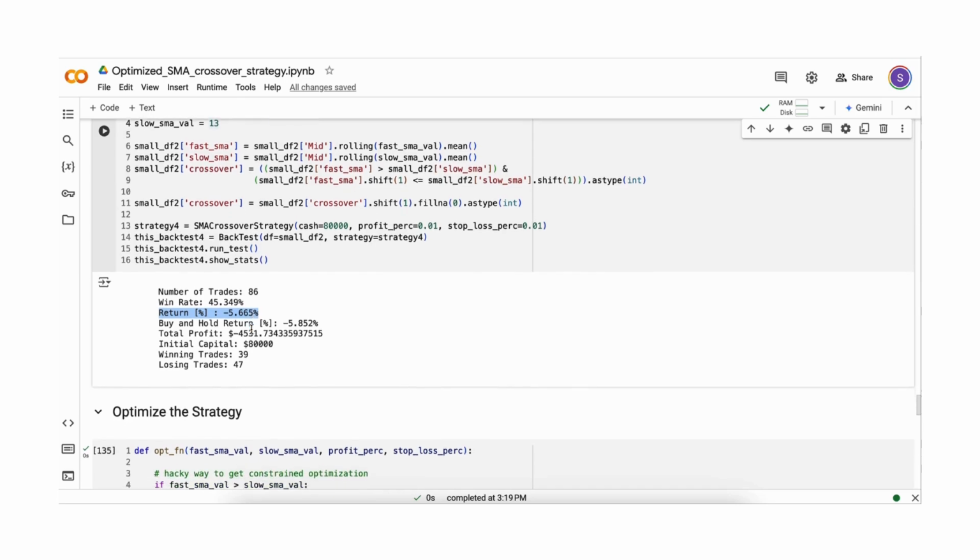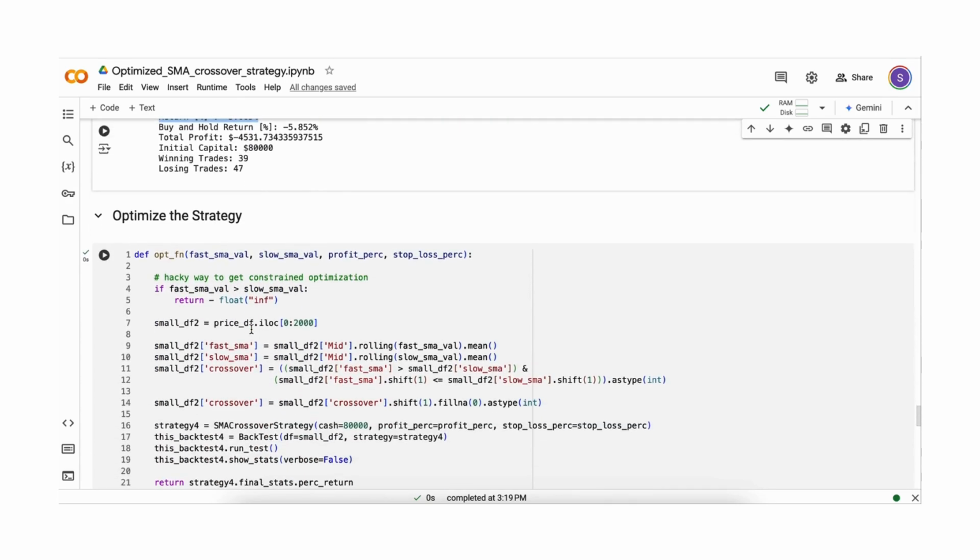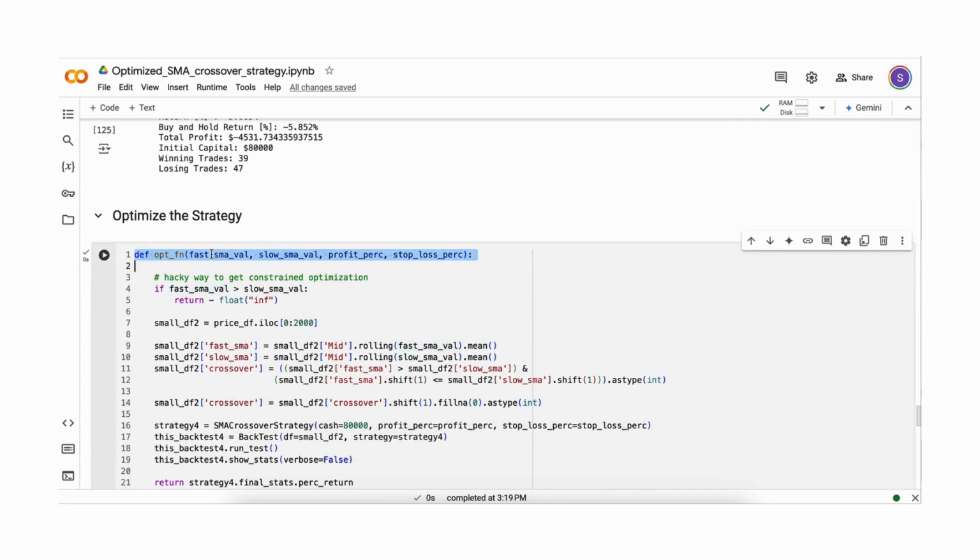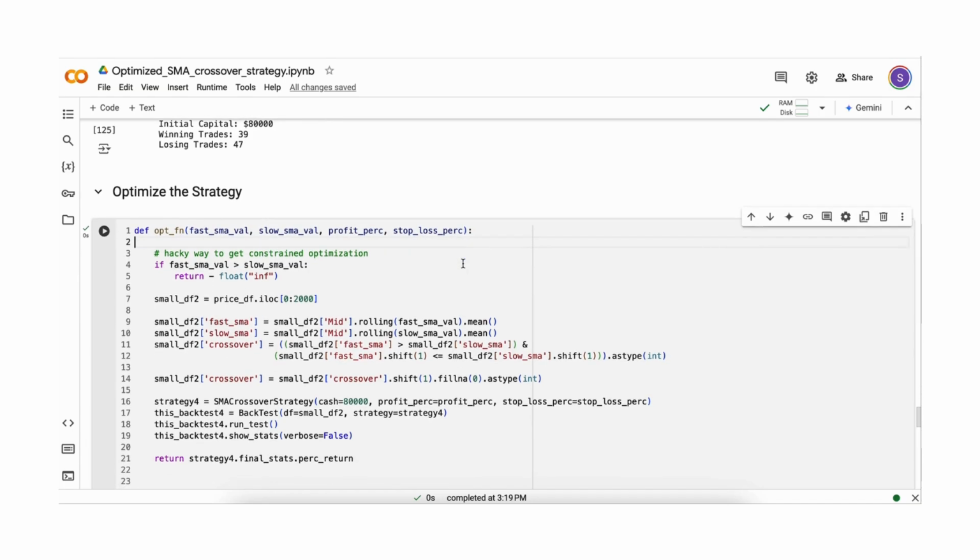So what do we do next? We optimize the strategy. We define this optimization function where we take all the parameters that it is possible to optimize as arguments. These are the fast and the slow SMA values and the profit and the stop loss percentage of our trades.